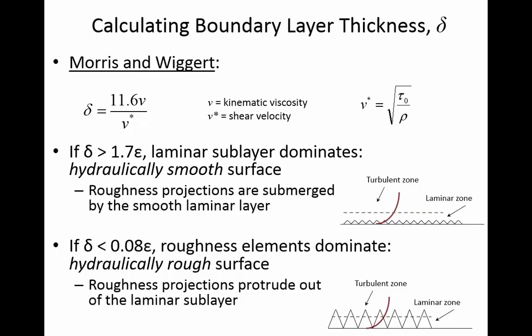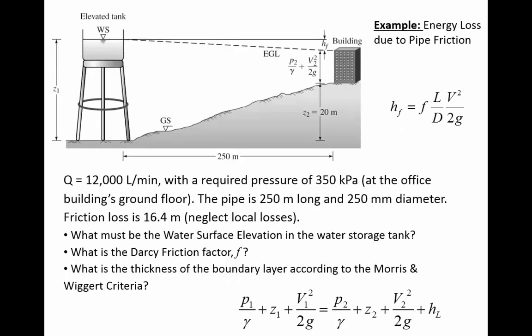The water that's above it is moving along without as much interference from the roughness elements as below when we have a hydraulically rough surface. Okay? So that's the Morrison-Wiggert criteria and how the boundary layer interacts with the material that a pipe is made out of.